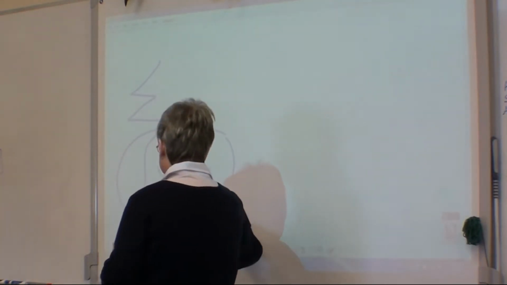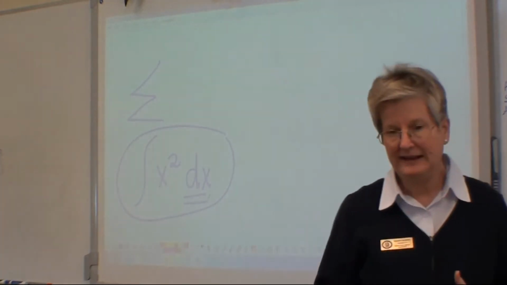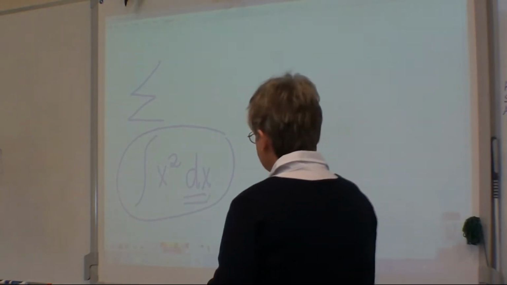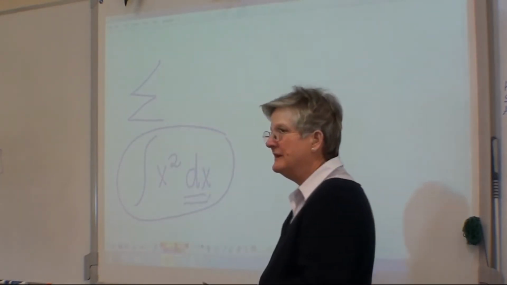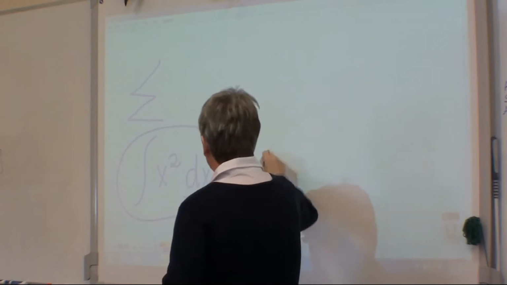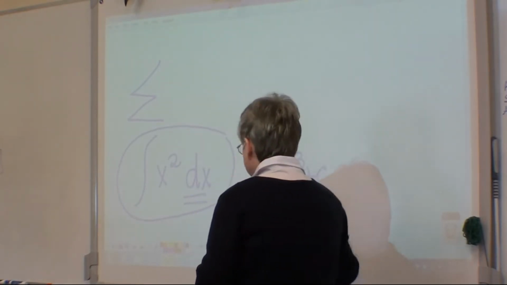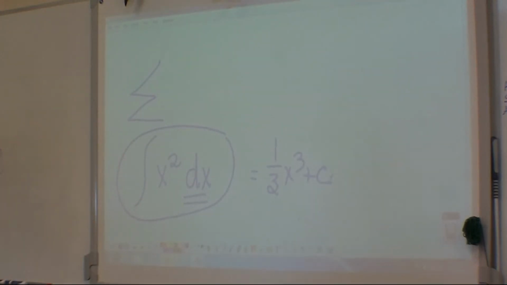If I leave this off, I haven't written it correctly. And what that is saying is find the antiderivative of x squared, and we already determined the answer to this is 1/3 x cubed plus c. Because we know now that there are an infinite number of answers.